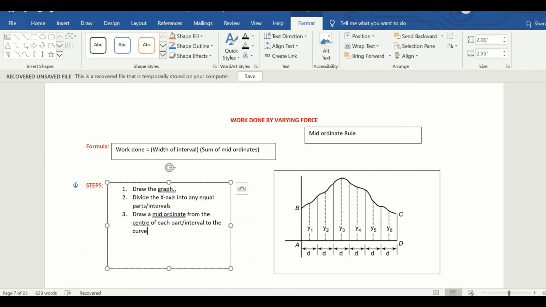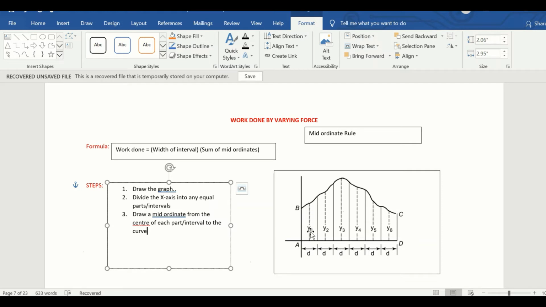As you can see right here, from the center of each of the equal intervals, we draw a straight line from the center to the curve.